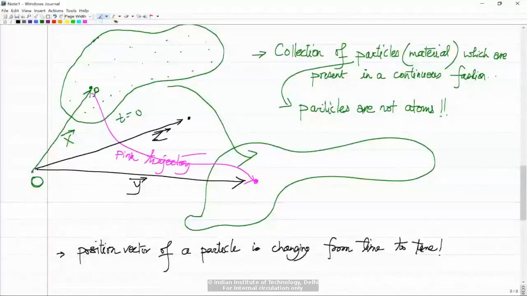Because the same position vector can be occupied by different particles at different times. So what do we do then? How do we then uniquely specify a particle? Anybody, can you think of?